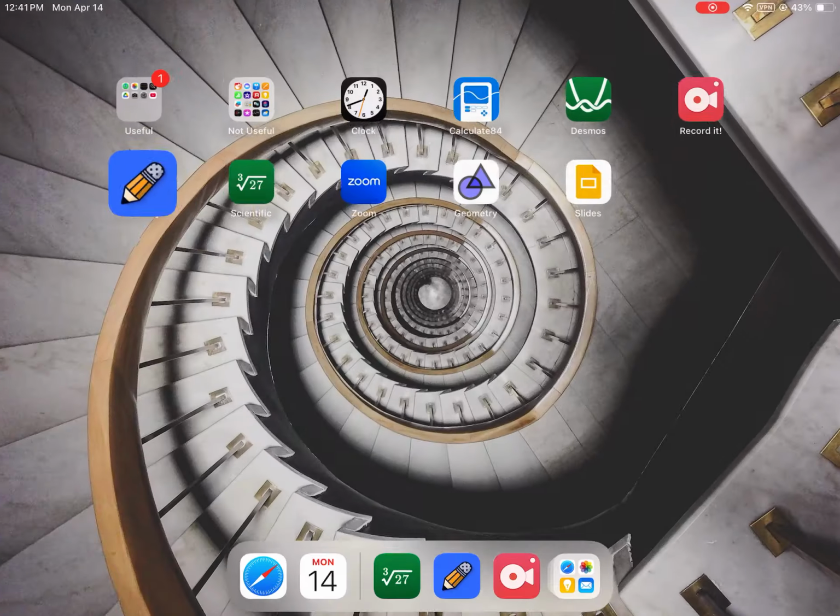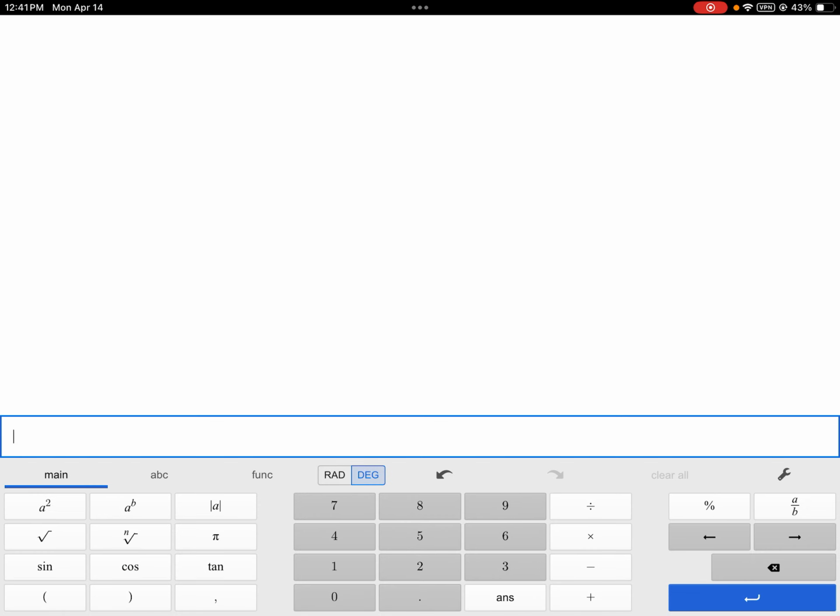So I'm going to go into my calculator, and I'm going to say, great, the square root of 5.6 squared minus 4 squared. Now, if it wanted the exact answer, this wouldn't quite work. You would have to do it separately, so 5.6 squared minus 4 squared, right?